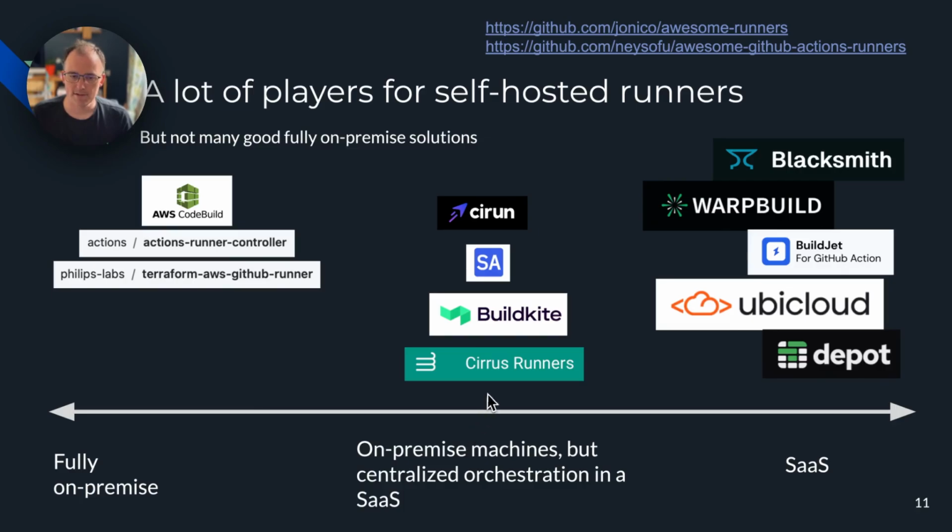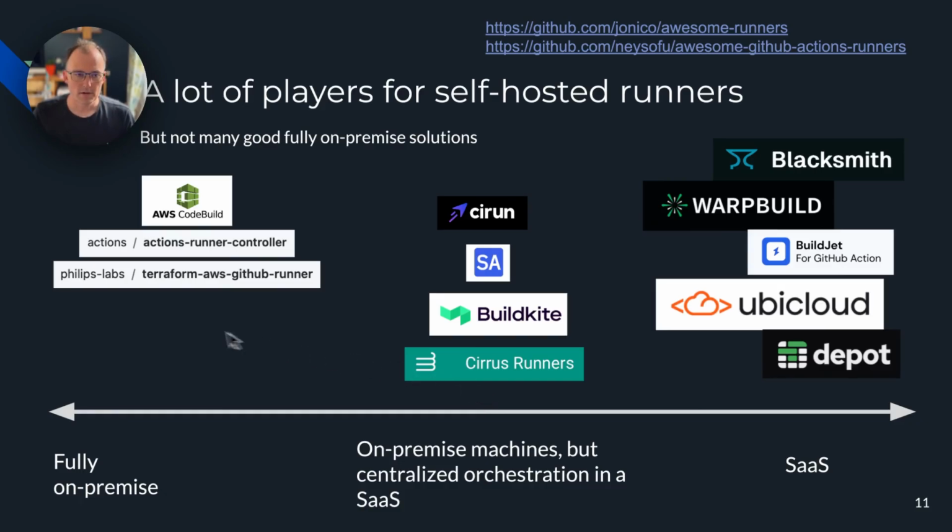And at the center, there are providers with a mix of both on-premise and SaaS. Basically you bring the machines, so you host them in your infrastructure, but you still have to go through their own control plane for it to work.